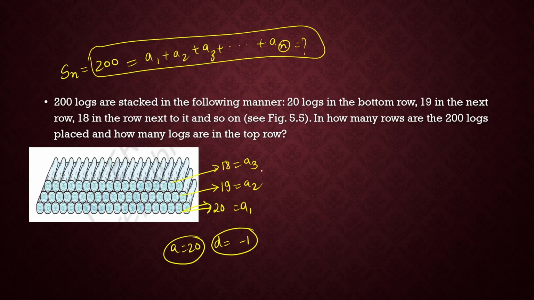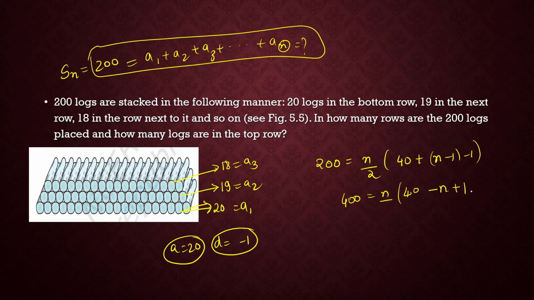So in this case, what happens? Sn is equal to n by 2, I don't know the value of n, into 2a plus n minus 1 into d, whose value is minus 1. Here a is 20, so 2a is 2 into 20. That is equal to, if I take 2 to the other side, this becomes 400 equals n into 40 minus n plus 1. So 400 is equal to 41n minus n square.